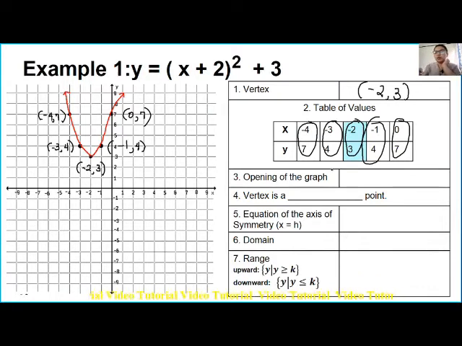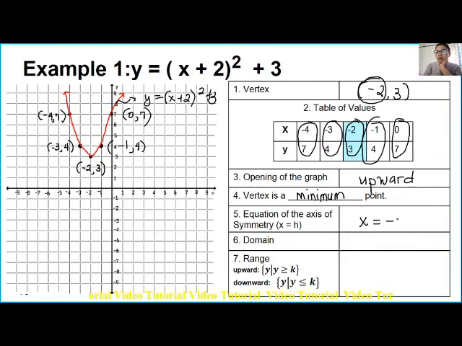So as you can see, based on our graph, which we labeled as y equals the quantity of x plus 2, quantity squared, plus 3, the opening of this graph is upward. So if this is upward, therefore the vertex is a minimum point. For the axis of symmetry, we establish that as x equals, and then the value of h here is negative 2, so we simply copy negative 2.